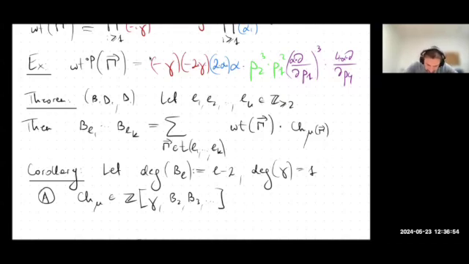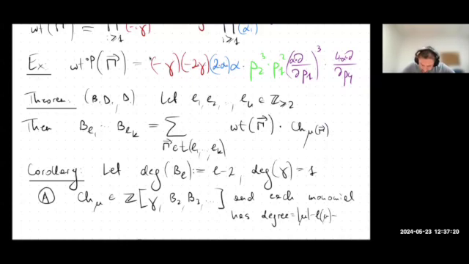And additionally, each monomial that appears in the expansion of the Jack character in this basis has degree equal to the size of mu minus the number of parts minus 2 times some integer.